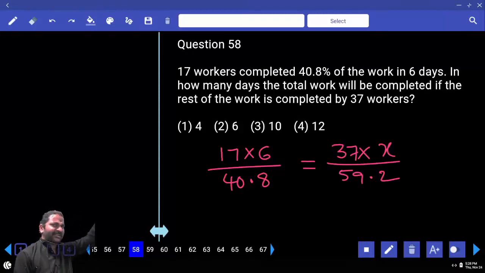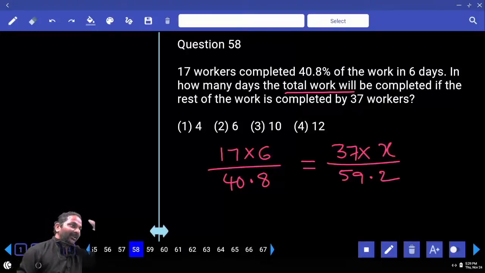If the question is about remaining work, the answer is X. But what is the question? Number of days taken to complete the total work. Already 6 days are over, and to complete the remaining work, X. So total 6 plus X.